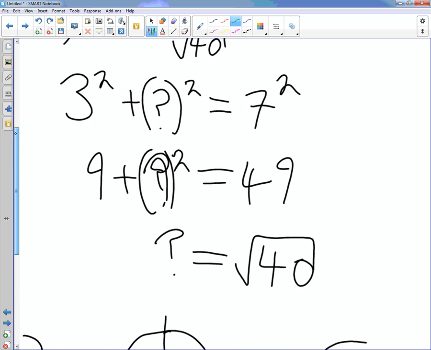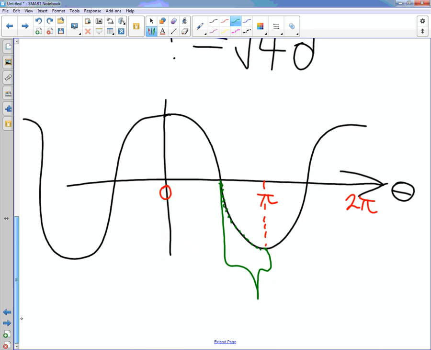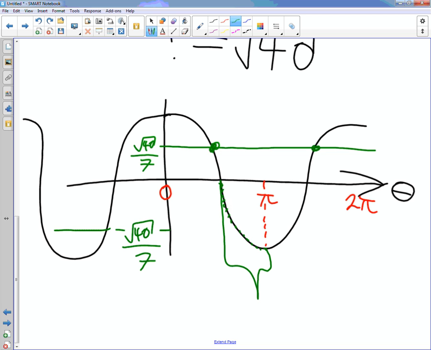So, for our thing here, we've sure got a magnitude of root 40 over 7. We could have positive root 40 over 7 to give us solutions, to give us intersection points here and here. We've also got negative root 40 over 7, and that's got intersection points all below the theta axis.